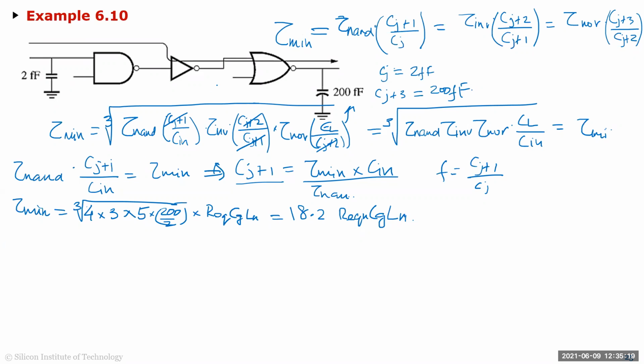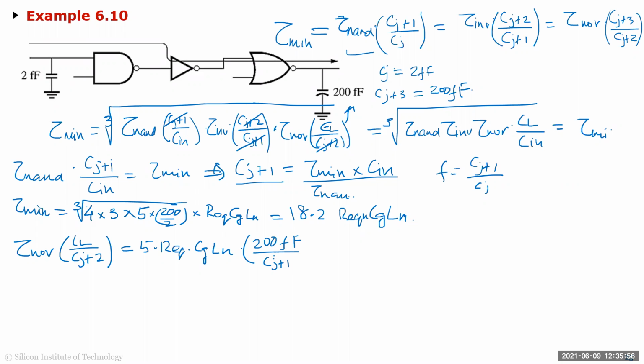So now we just start from the NOR and we keep going backwards. So tau NOR we can calculate using these relationships here. So tau NOR times CL over Cj plus 2 is going to be equal to 5 R equivalent CG ln times 200 femtofarad over Cj plus 2.